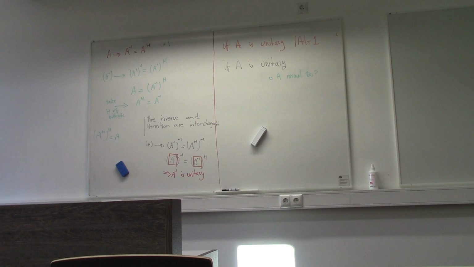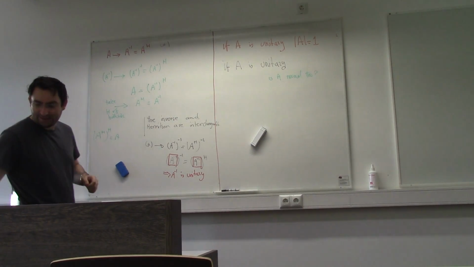Is it normal or not? Okay. What is the definition of normal? A times A Hermitian becomes A Hermitian times A. Very good. So why do you think it is? I'm trying to figure it out. Okay, Mike? Well, I think it's normal because A inverse is equal to A Hermitian.